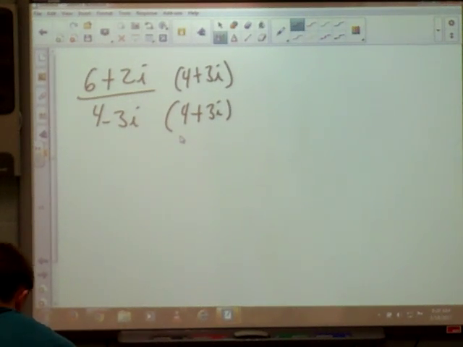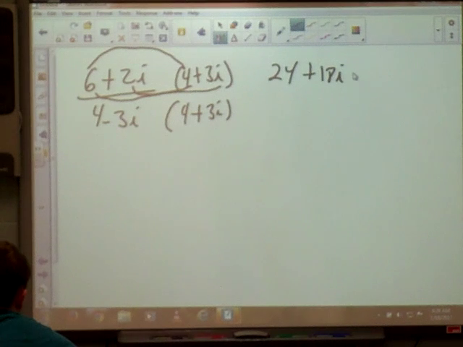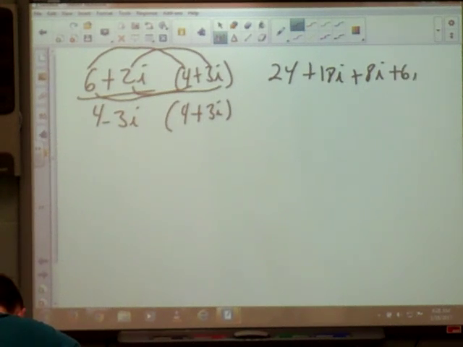Okay, let's get busy. On my first on the top, that's 24. On my outer, 6 times 3i is 18i. On my inner, 2i times 4, that's 8i. On my last, 2i times 3i is 6i squared.